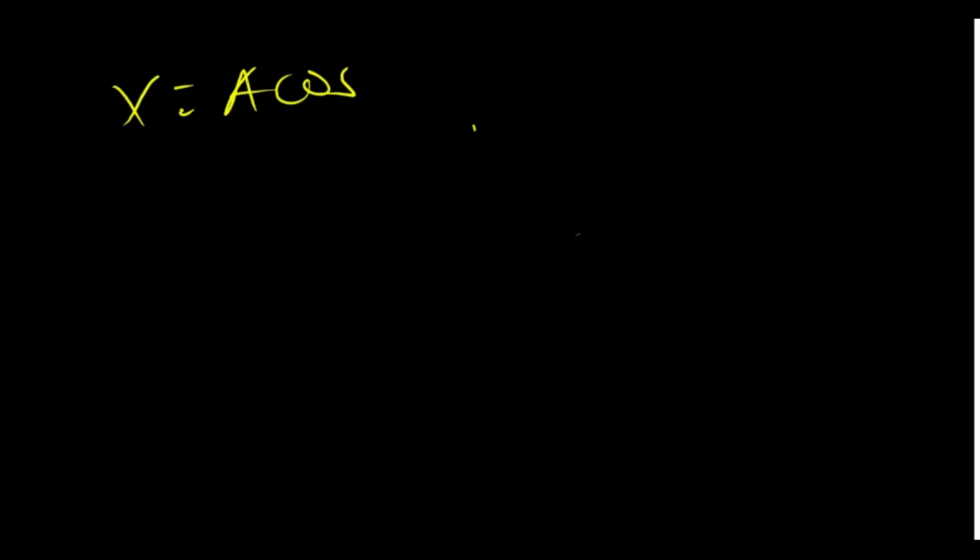It's the one which we are going to be using. So we differentiate this one, we are going to get the velocity as a function of time. To differentiate this one, we are going to treat this one as a constant, so we are going to only deal with this one.